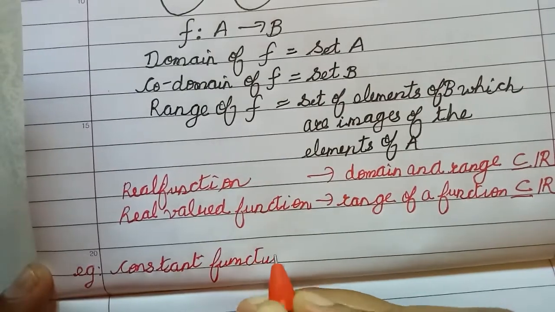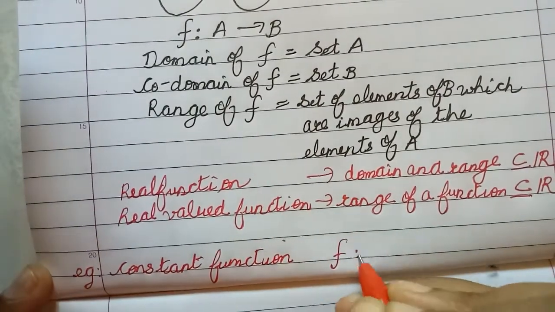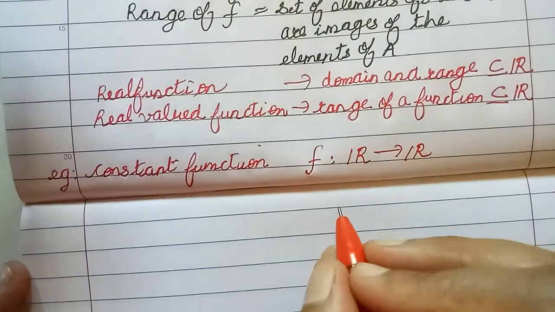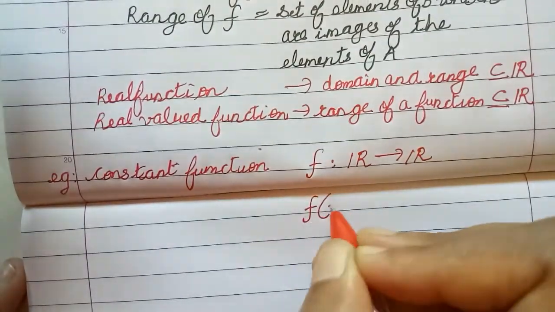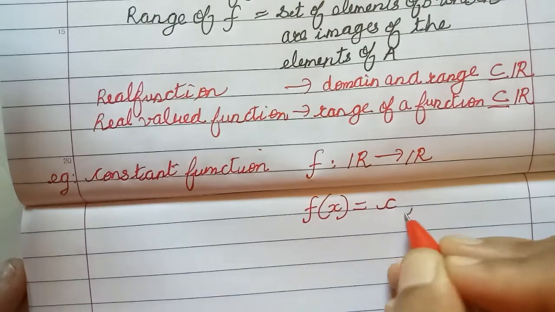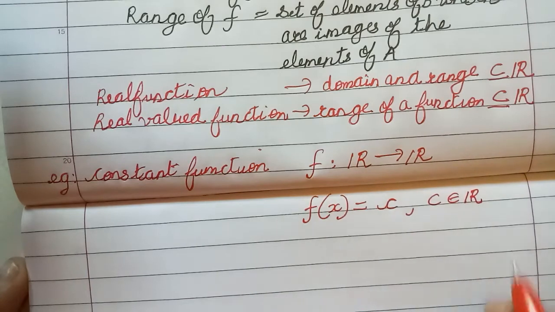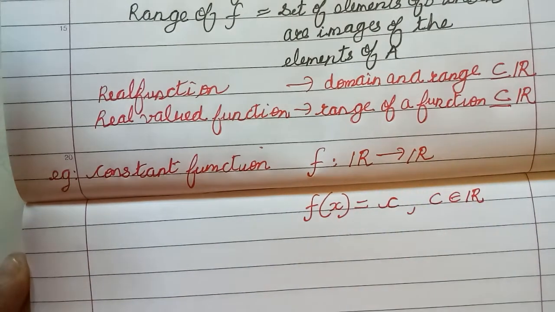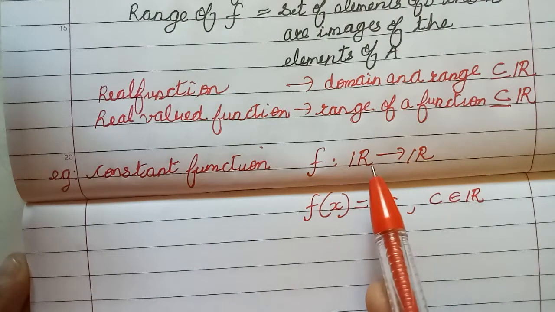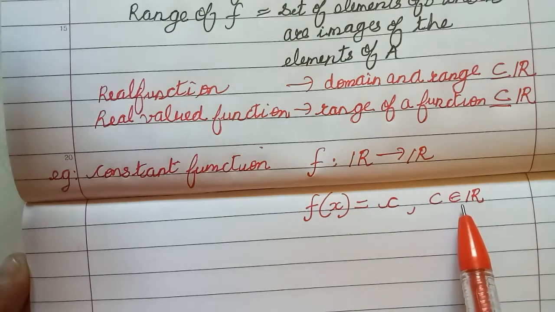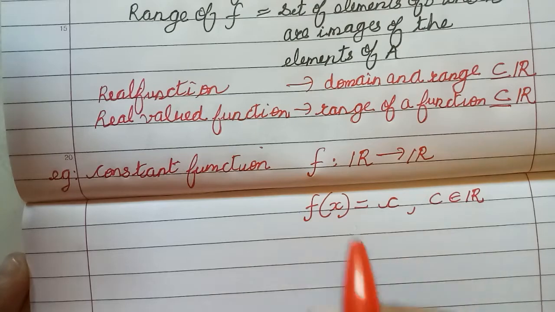If you remember, the constant function was f from R to R, such that the function was defined by f of x equal to c, where c belongs to the real numbers. c is a constant. So in this situation, is it a real function or a real valued function? Yes, it is going to be a real function because you can see the domain and the range are given to be R.